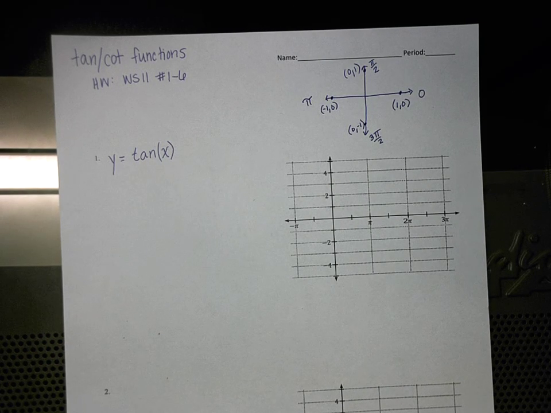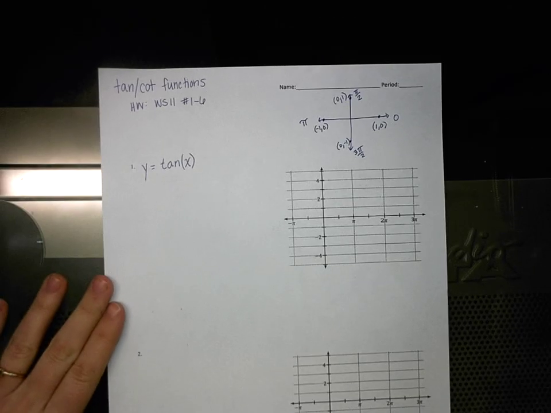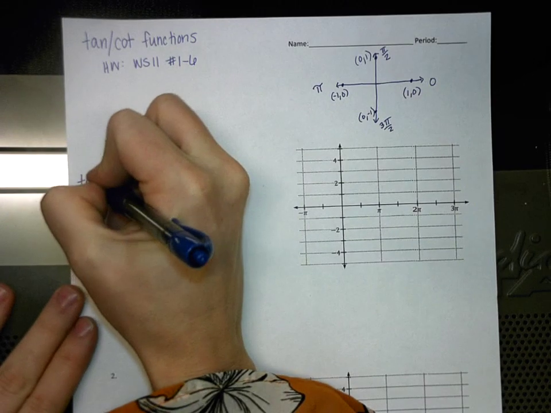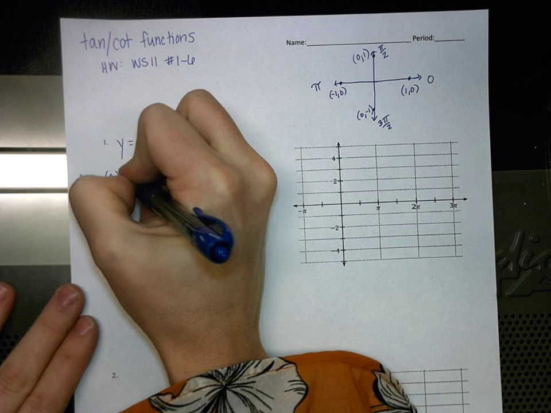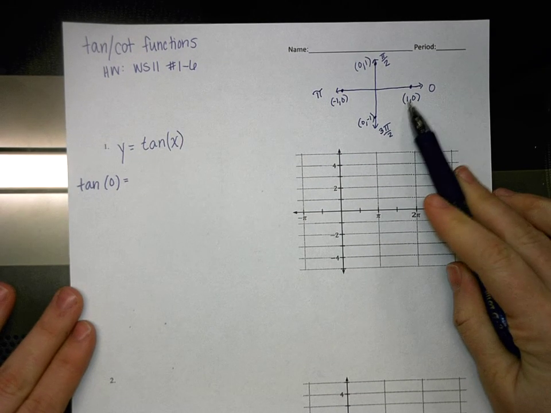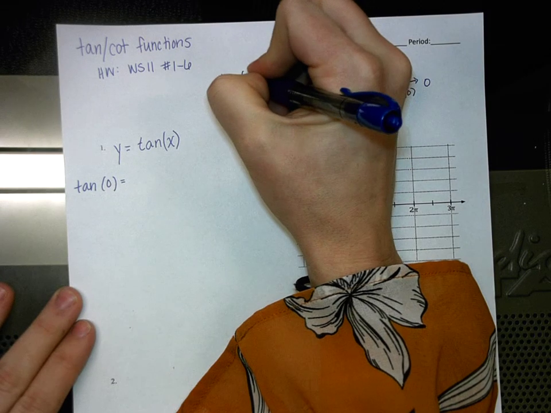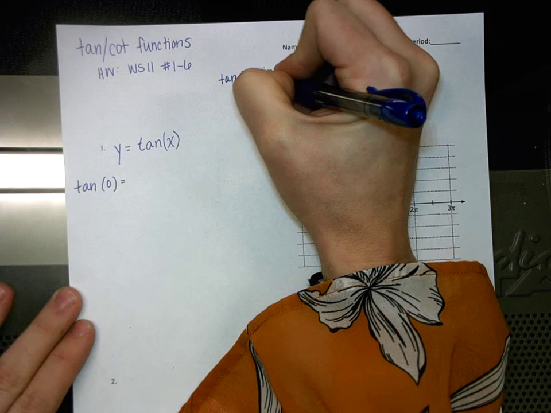All right, so I'm going to list out what tangent is at each of those values. So tangent of 0 radians, remember tangent of theta equals sine of theta over cosine of theta.